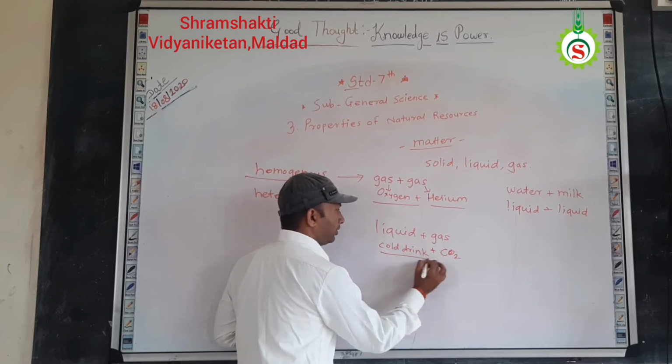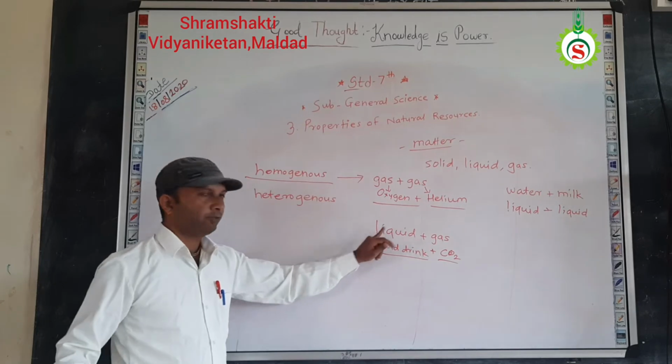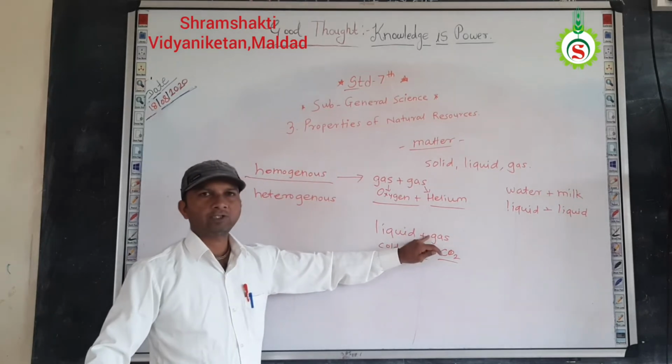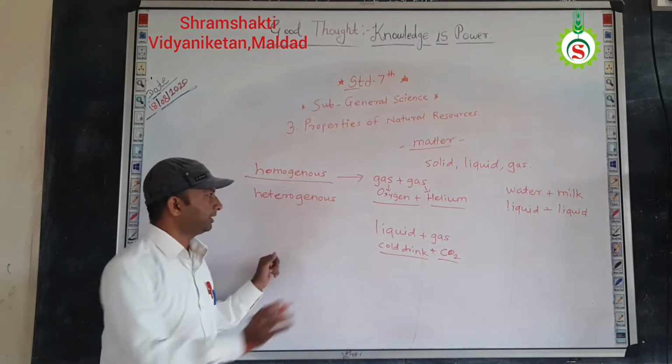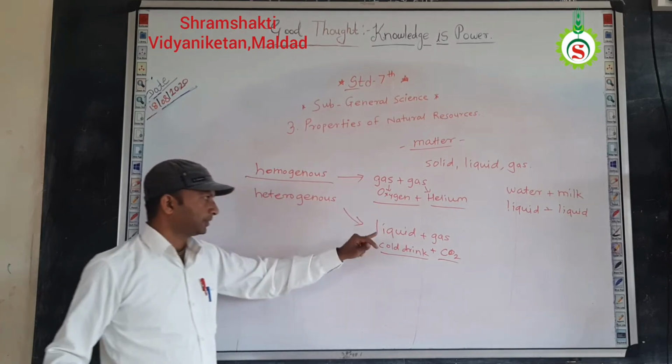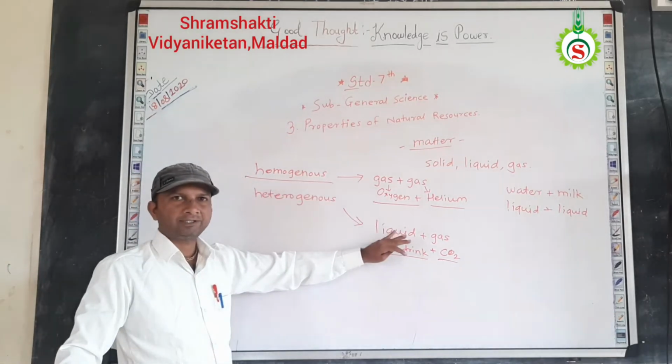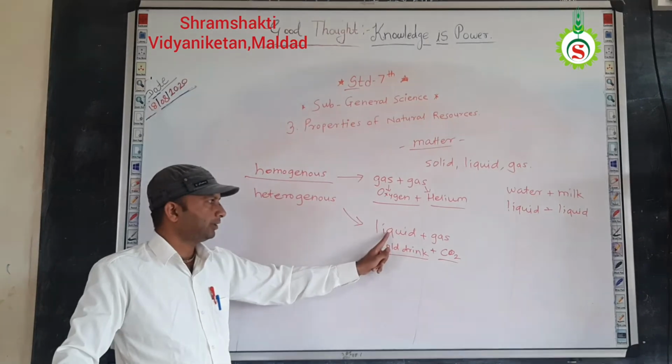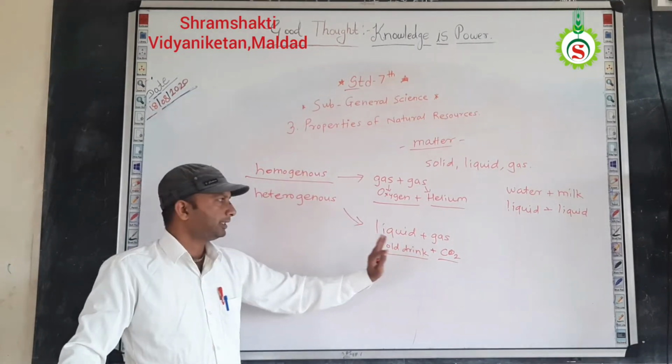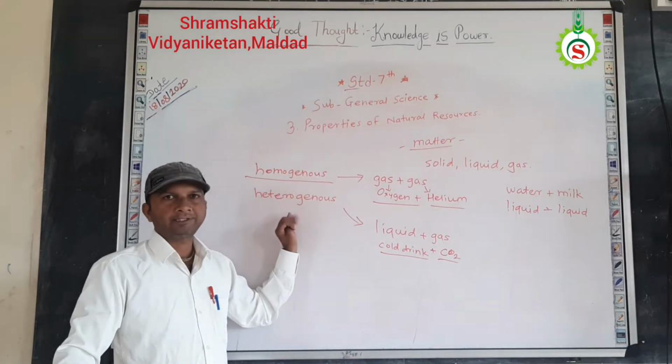So this is liquid plus gaseous form, and it is called a heterogeneous mixture because the states of matter mixed together are different. One is liquid form, the second is gaseous form. Therefore, it is called a heterogeneous mixture.